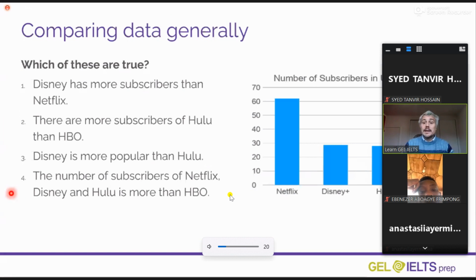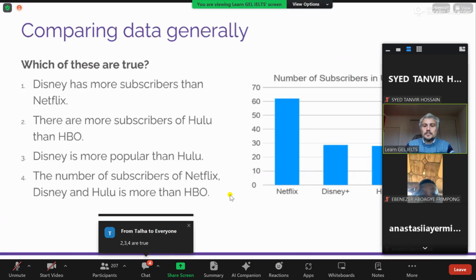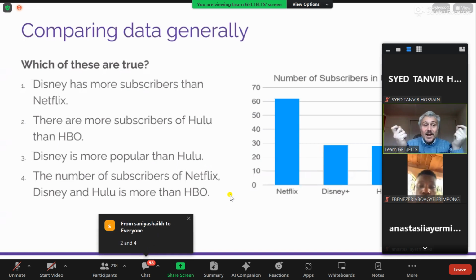Please read them carefully and tell me in the chat box which sentences are true about this bar chart. Ten seconds, everybody. Which sentences are true?